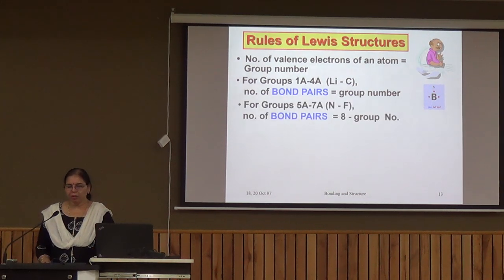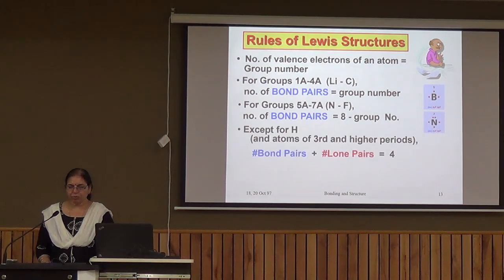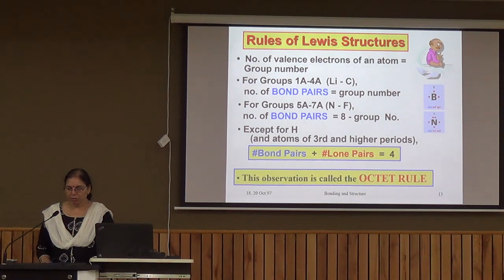For groups 5A to 7A, nitrogen to fluorine, the number of bond pairs equals 8 minus the group number. Except for hydrogen and atoms of the third and higher periods, bond pairs plus lone pairs equal 4. This observation is called the octet rule.